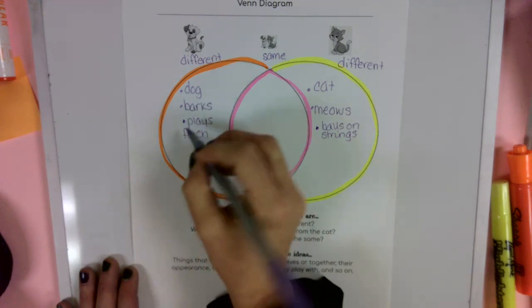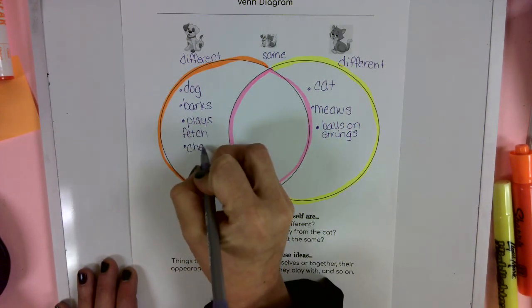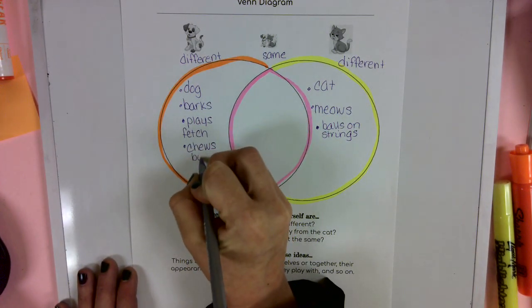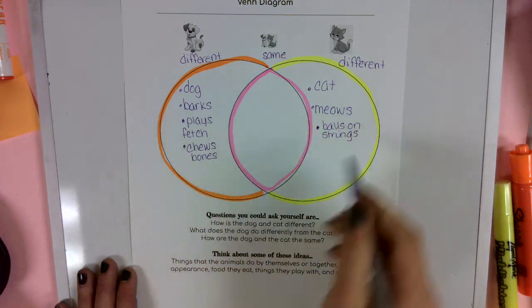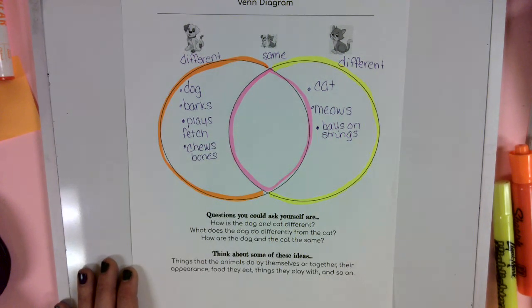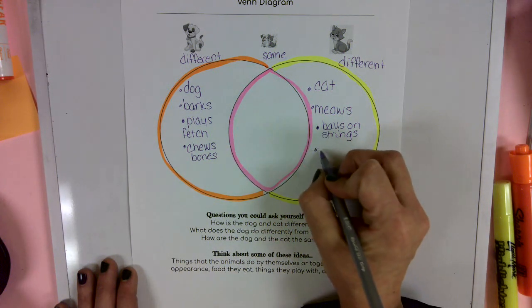A dog chews bones. Cat does not chew bones. What else does a dog do that's differently? A cat can jump very high.